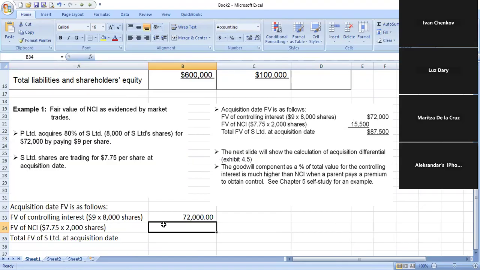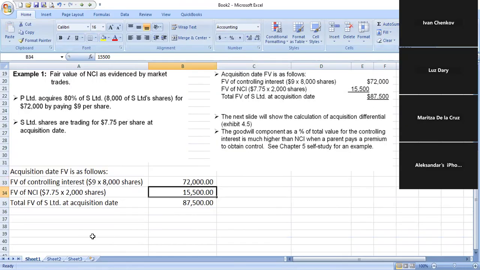That's how we come up with the $15,500, and that's going to give us the total value of the company at this point, which is exactly $87,500. Again, we're calculating the non-controlling interest based on the current market price of the shares which are sitting outstanding.